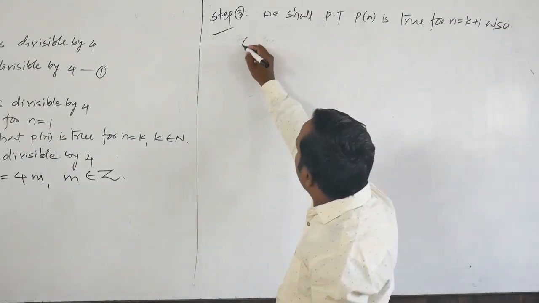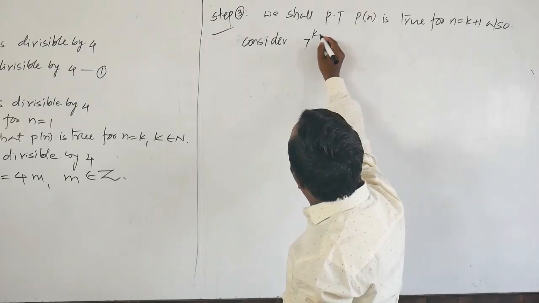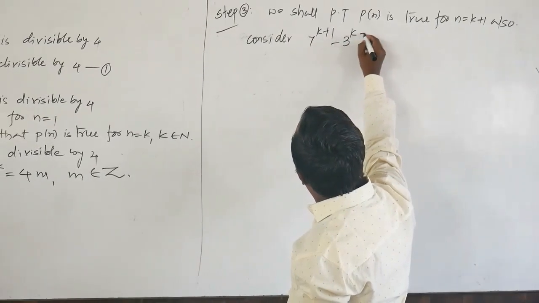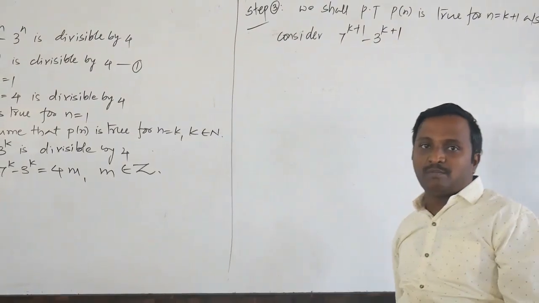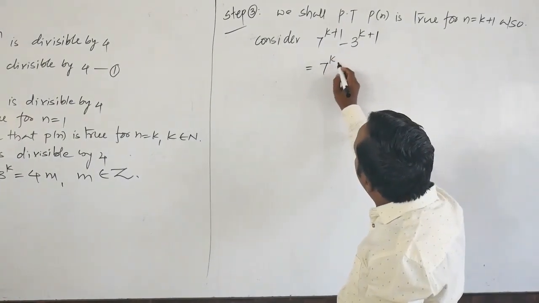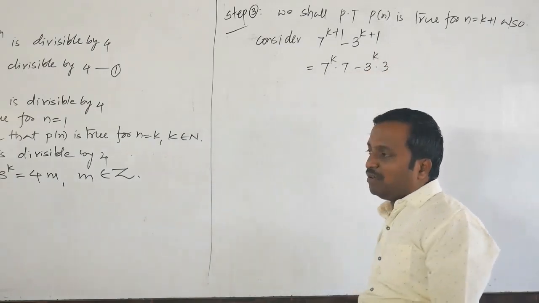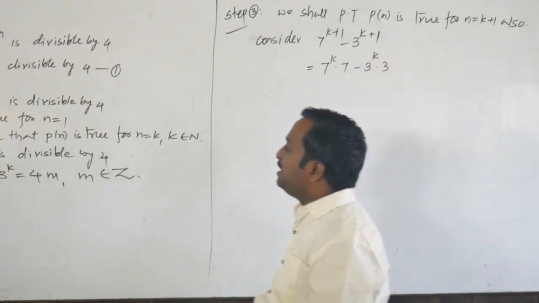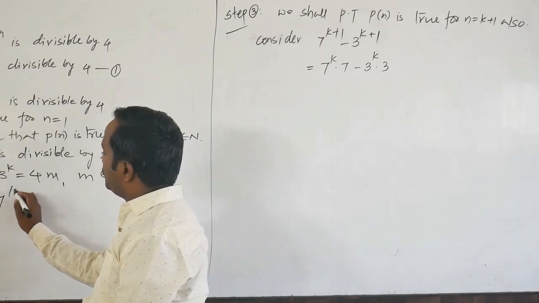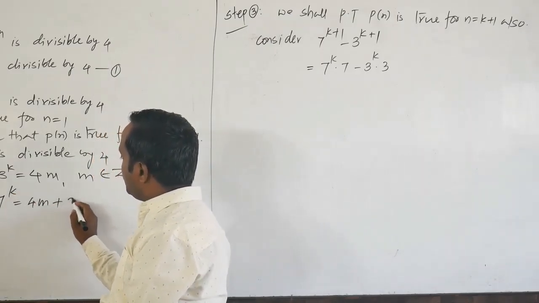That is, consider 7 raised to k plus 1 minus 3 raised to k plus 1. This can be written as 7 raised to k into 7 minus 3 raised to k into 3, by the law of indices. So from equation 2, 7 raised to k is 4m plus 3 raised to k.